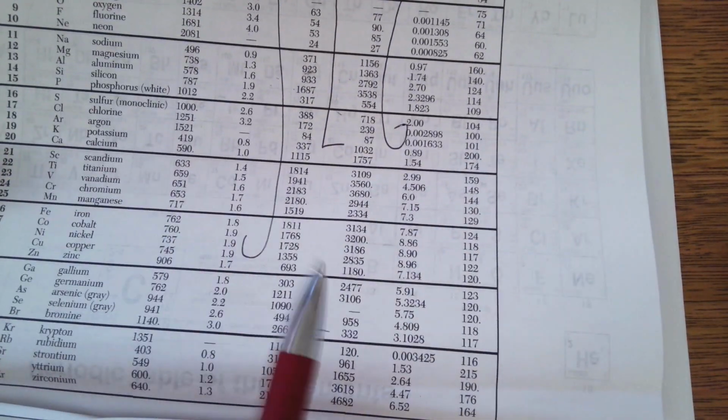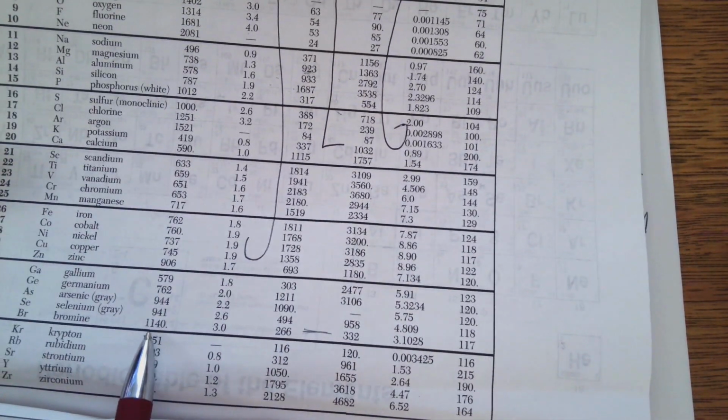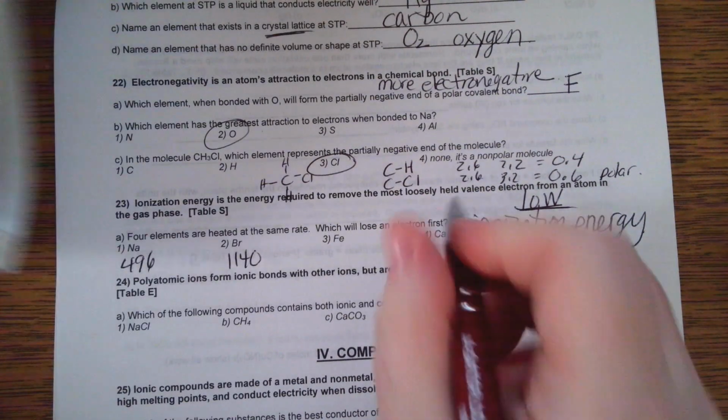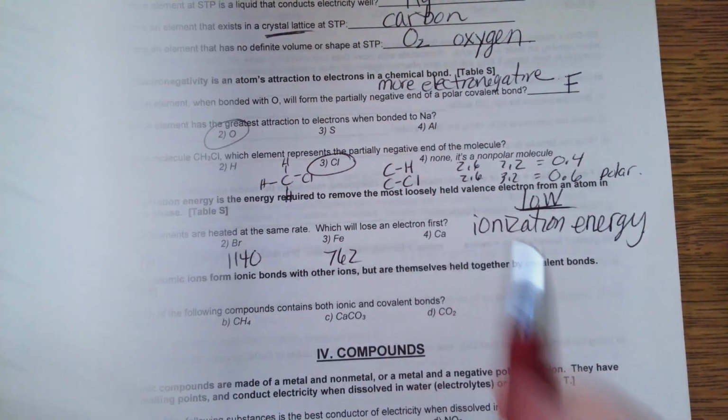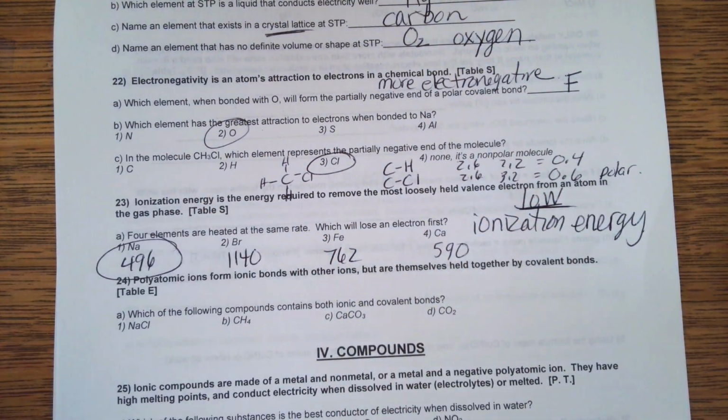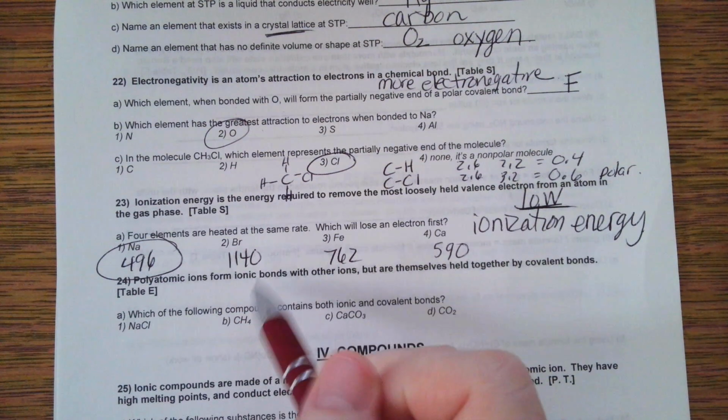Bromine, 1140. So far that one loses. Fe, 762. And Ca, 590. So which will lose an electron first? This one, because it takes the lowest amount of energy.